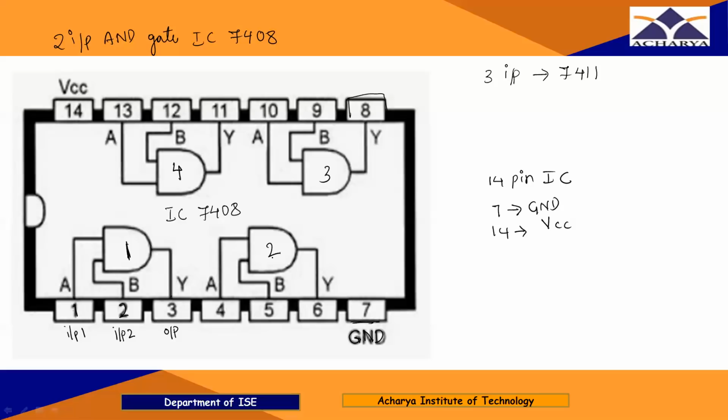Next, in the second gate, pin number 4 and 5 are the inputs to the second AND gate and pin number 6 is the output of the second AND gate, right? And I have the third AND gate here.